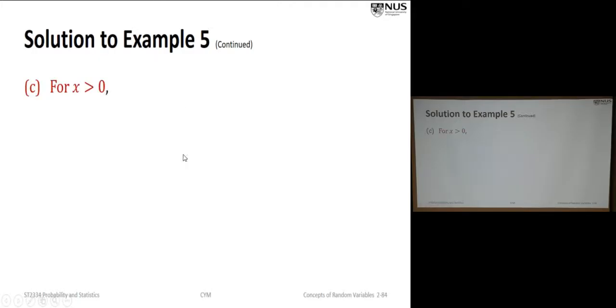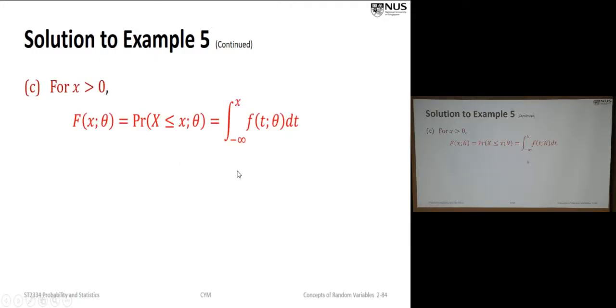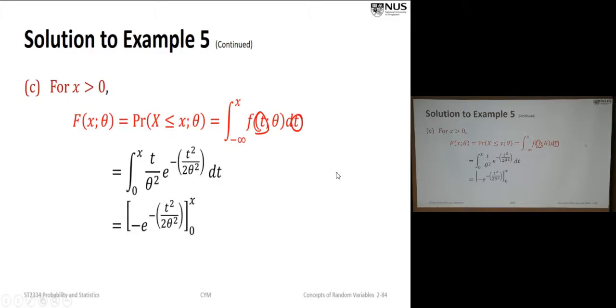So for x bigger than 0, I just continue to do it. This time, I don't write x. Instead, I write t. So I just integrate it. So the answer is 1 minus e to the power minus x squared over 2 theta squared. So that is the CDF of x.